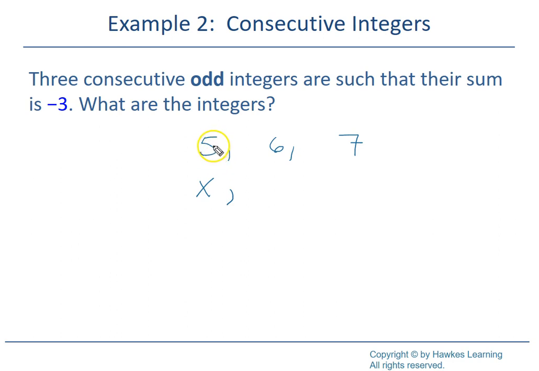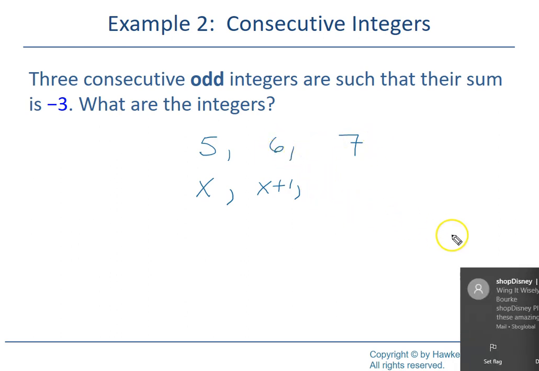Now we know it's 5, but we're saying perhaps we didn't know it was 5. We're going to call it x. How would we write 6, which would be the next consecutive integer, if x is our first integer, which we know is a 5? How do we write 6 using x? If you said x plus 1, then you have the next consecutive integer.